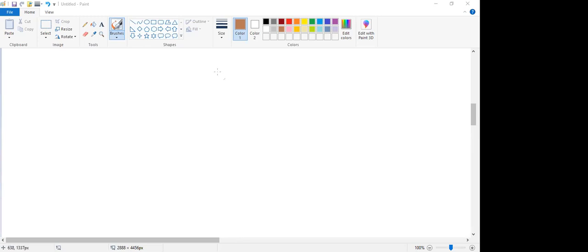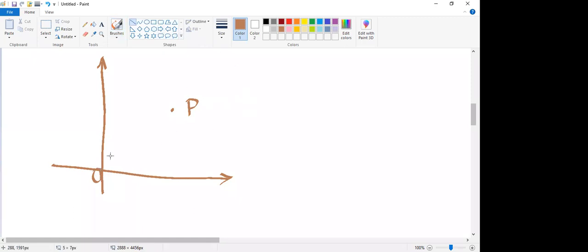If I have an origin, as in the usual Cartesian axis, this is the O, and I now have a point P. The position vector is that distance from O to P. That is our position vector of the point P. So this is my x-axis, this is my y-axis.